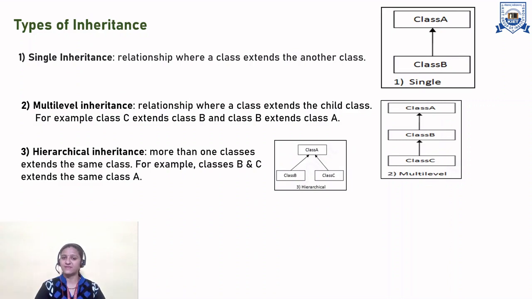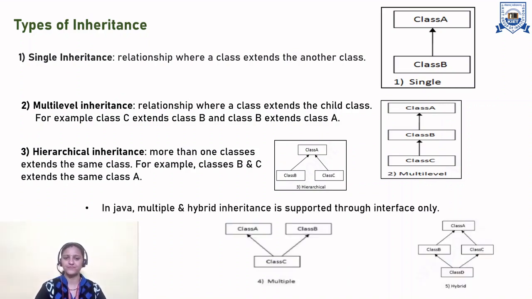Hierarchical inheritance is where more than one class extends the same class. For example, in this case, classes B and C both are extending the same class A.